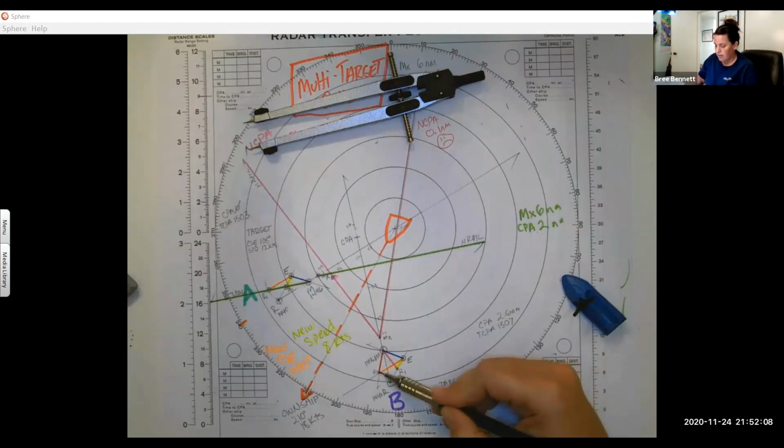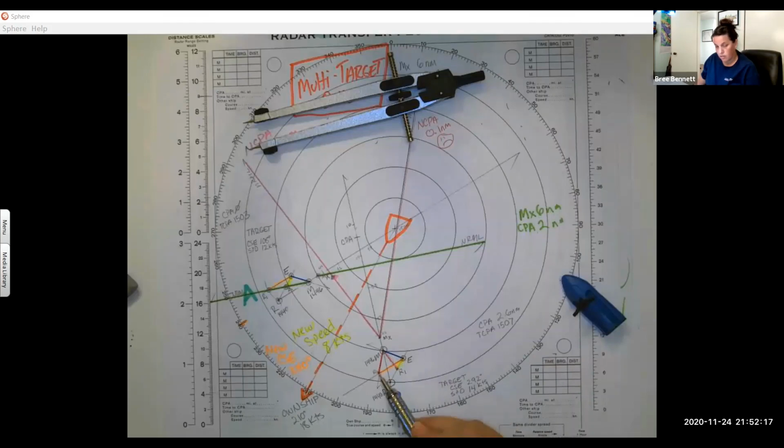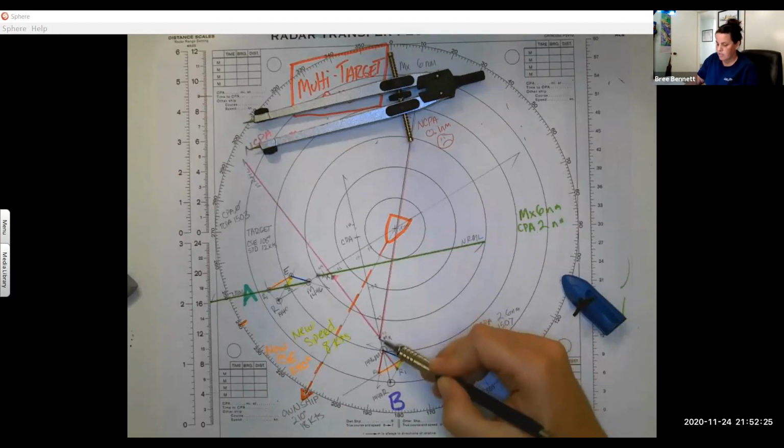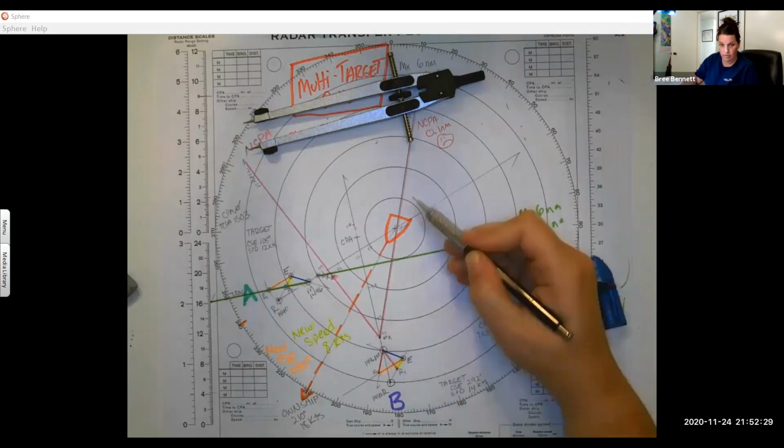Now my R prime to M is my new relative motion line. That R prime to M, where I just created that E to R prime, is my new course. So R prime to M is the new relative motion line. I have to create an MX that I can draw it from.